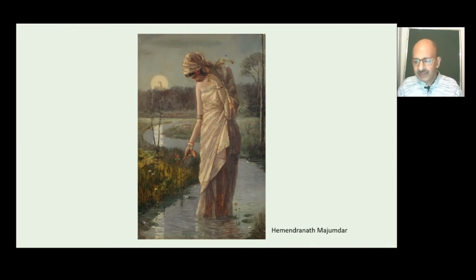And then we have Hemendranath Majumdar. Again, a person who was deriving his ideas of figures and figuration and landscape mostly from his own surrounding, from his own models. He used to actually ask the woman models to stand in a particular pose. He would study them and then paint them in a particular setting.